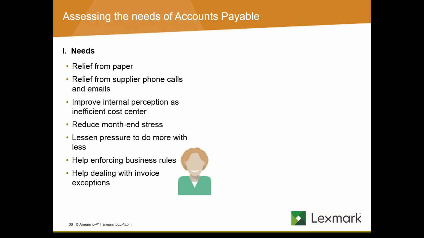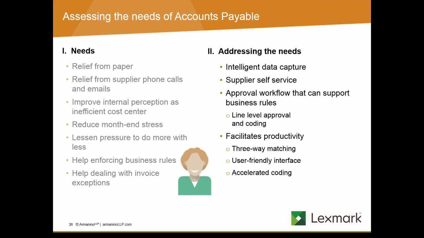So as you look at each of the individuals, and from the standpoint of their needs, specifically how it addresses their needs, the accounts payable automation system is all about taking what is a concern around paper and paper coming into the business, the actual invoices coming into the business, and introducing tools that help them capture this information much more efficiently, address self-service and supplier capabilities as well as approval workflow, and also provide capabilities in the area of productivity.